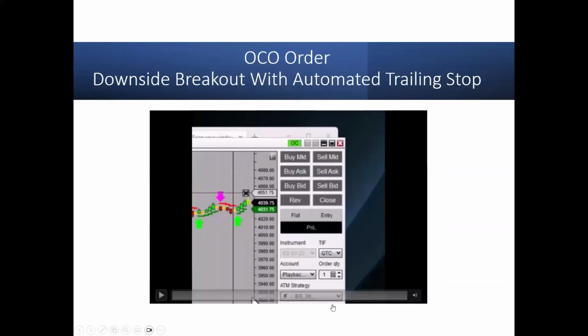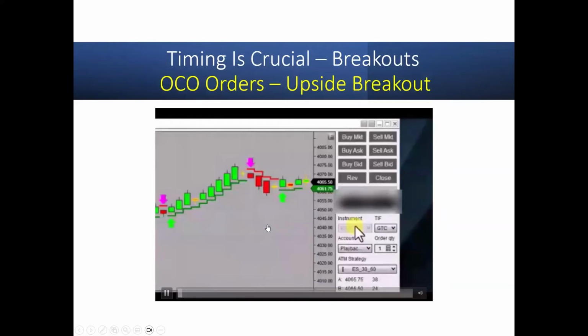All right, so another thing you can do with your trading is you can take the consolidations that occur in the market and put buy and sell stop orders above and below these consolidations. Now with the NinjaTrader platform, you can set up an OCO order.